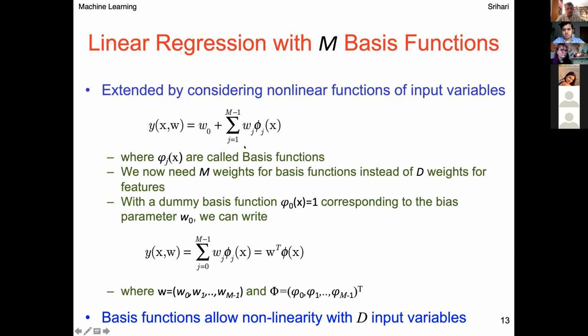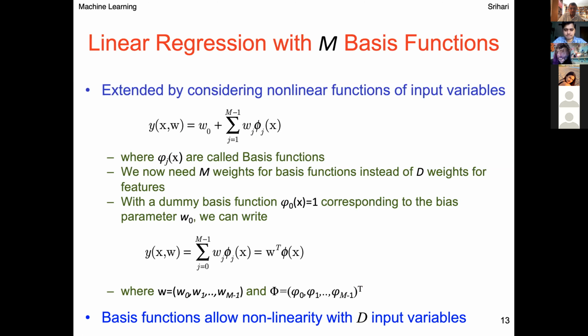So the problem is similar to what it was earlier, except it's w naught plus sum of wj phi j of x, where phi j of x are called the basis functions. So we now need m weights for basis functions instead of d weights for the features. So we are somehow replacing the problem.